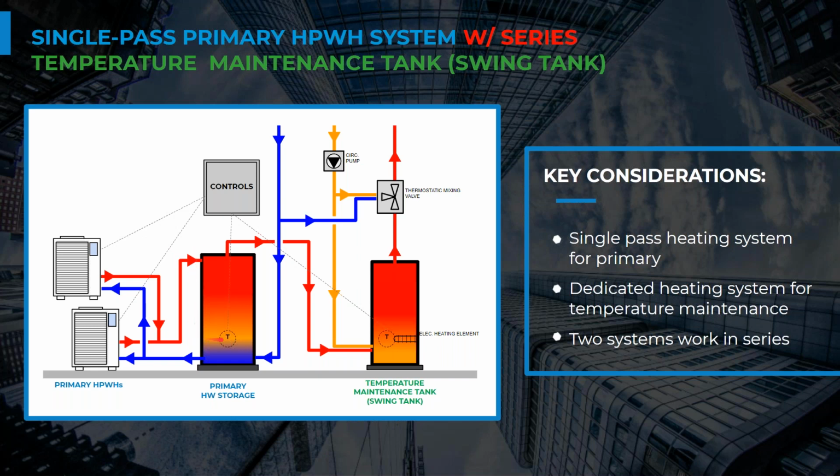So we want to make 150 degree water with this swing tank design, and the CO2 or R744 heat pump water heaters are best suited for that. They are really efficient at making that 150 degree water so that we can really utilize the excess energy in this tank when someone draws water out the tap.